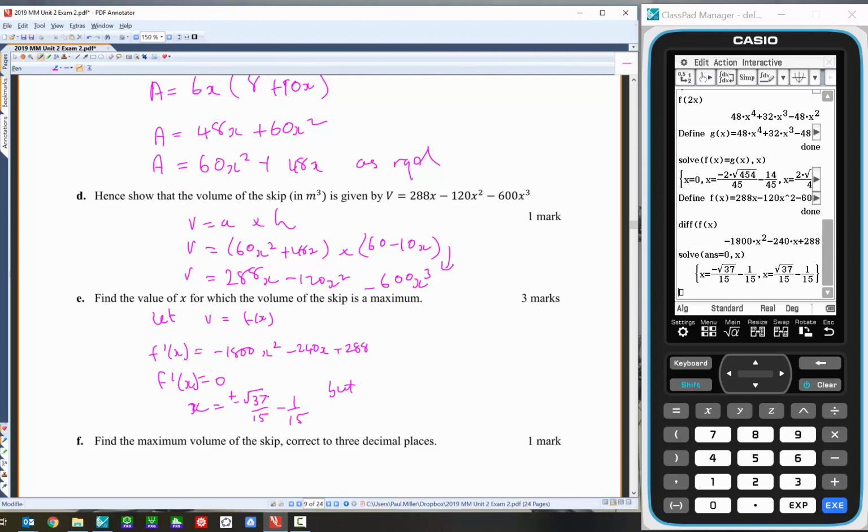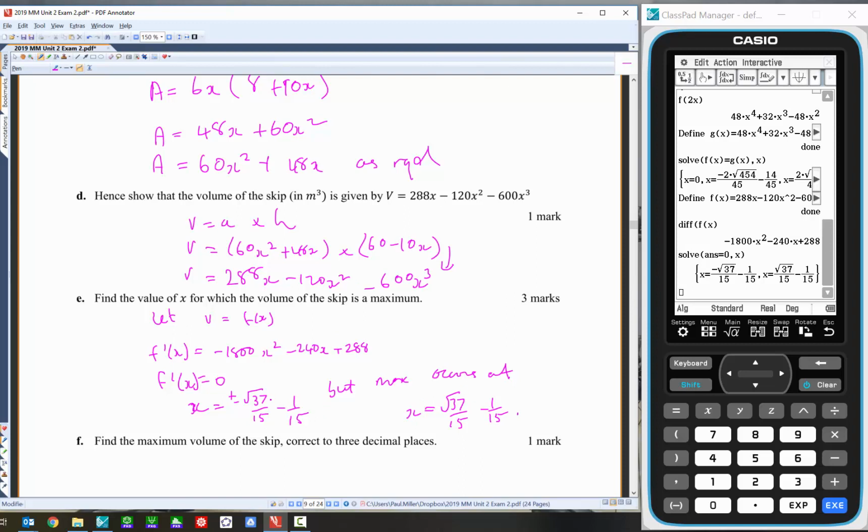But this negative one here is a minimum, okay? So even though f dash x is equal to 0, the max occurs at x is equal to root 37 on 15, take 1 on 15. All right, it has to occur at the positive.